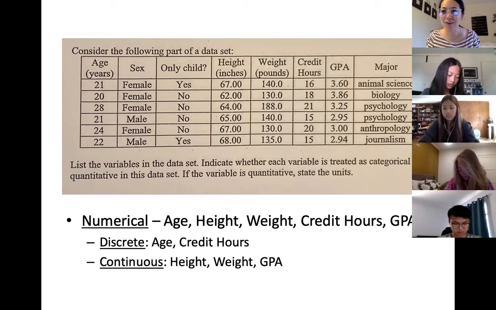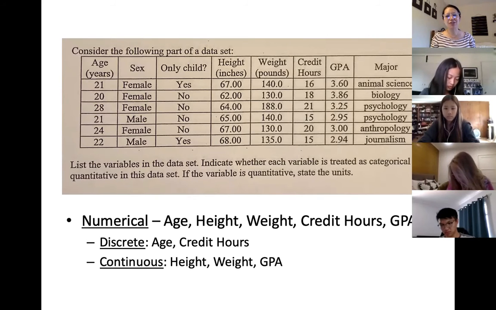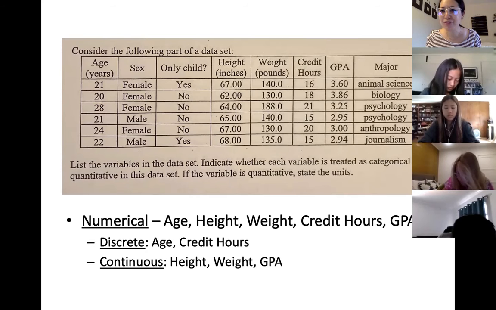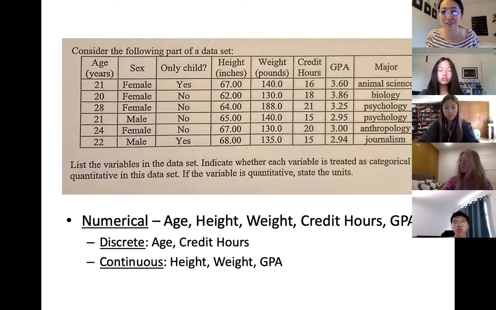Let me give you a few more bonus examples. If I were to ask you how many pairs of jeans you own, would you say discrete or continuous? Discrete. Good, yes, nice.